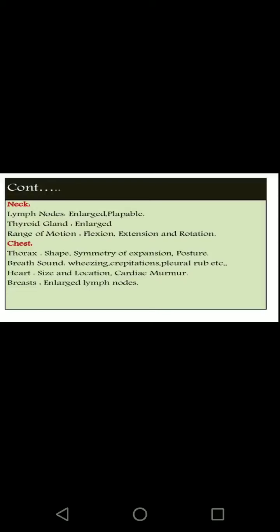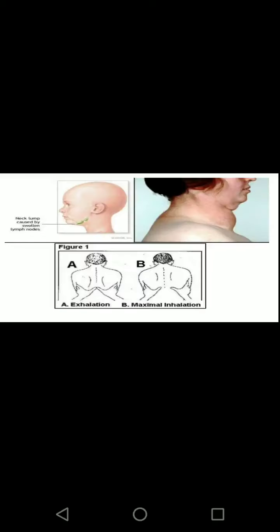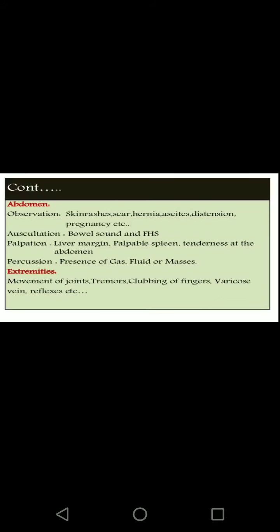Then in the breast you will check for enlarged lymph nodes. Then the abdomen is examined while the client is in dorsal recumbent position and the knees are slightly flexed, to promote relaxation of the abdominal muscles.